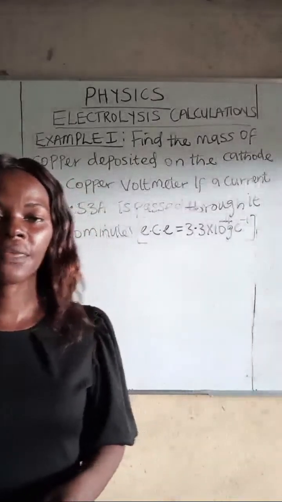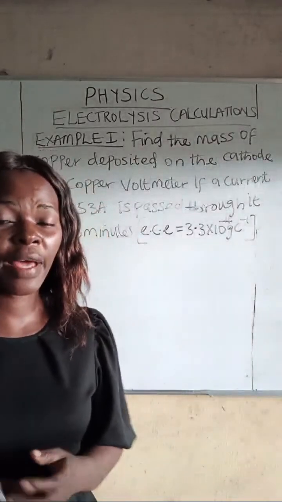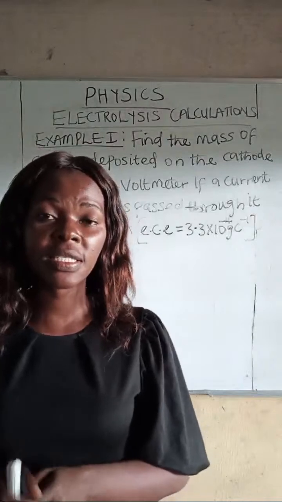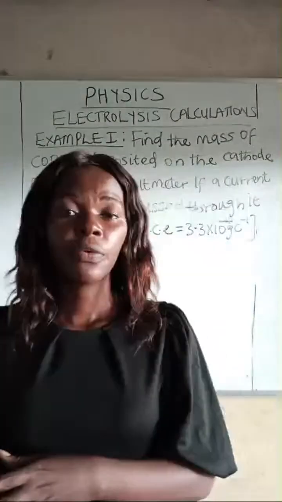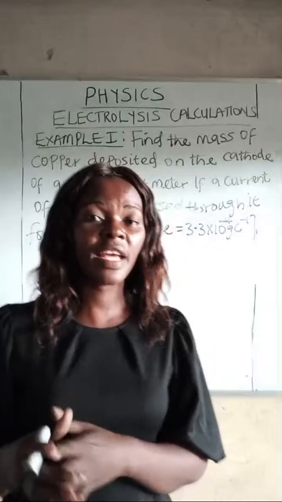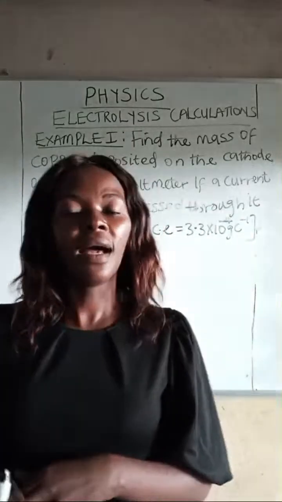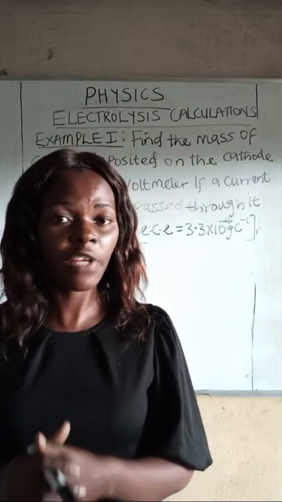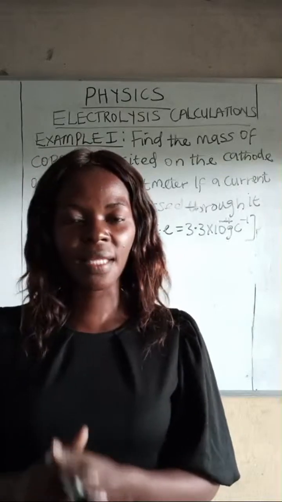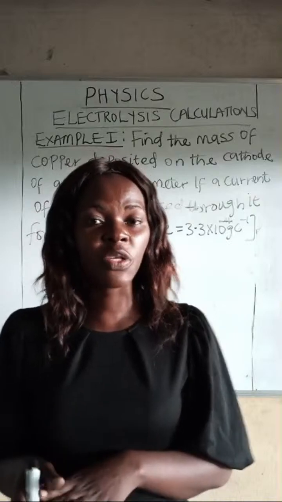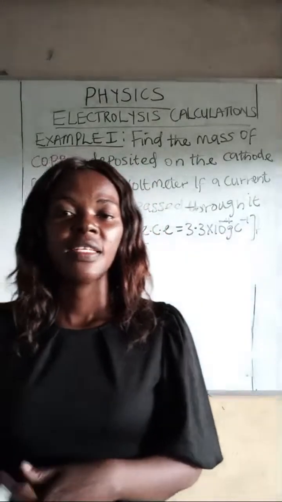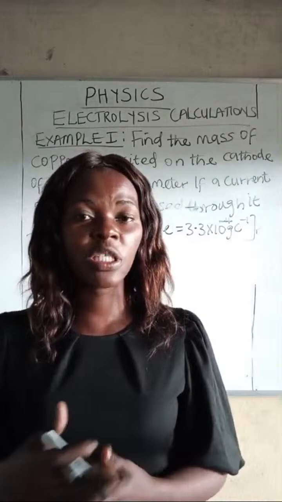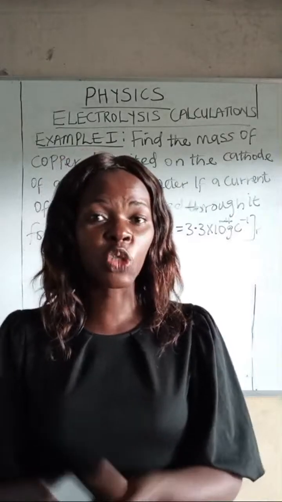All right. Let us look at this simple example on electrolysis. Yesterday we were able to state Faraday's law, and we derived a relationship from Faraday's first law of electrolysis. The mass deposited during the process of electrolysis is directly proportional to the quantity of charge which has passed through it.